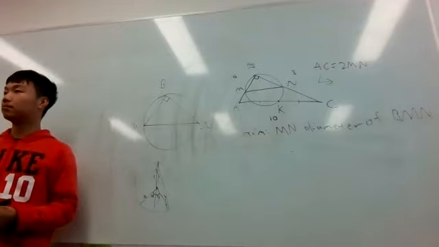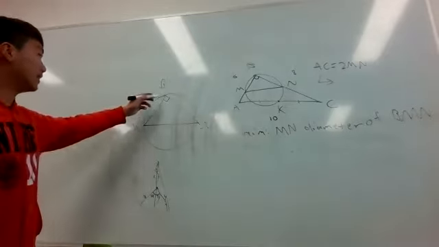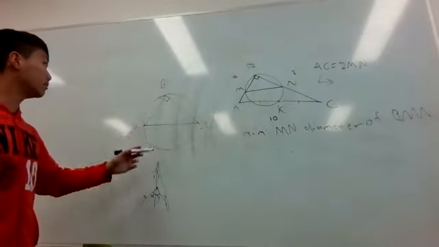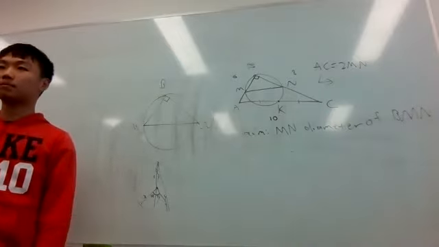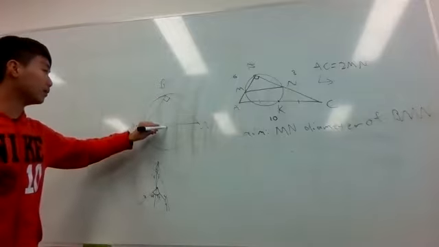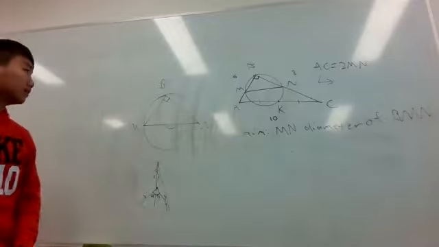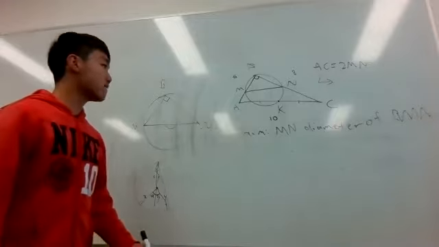Everyone see that? Cool. So what that means here, if the angle at the arc is 90 degrees, what's the angle at the center? So it's twice 90, which is 180, which is why this is the diameter. Right? Okay, that's cool.